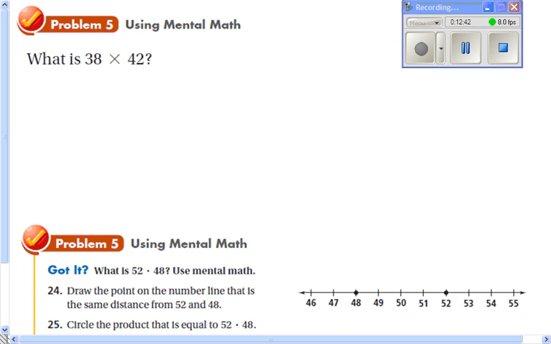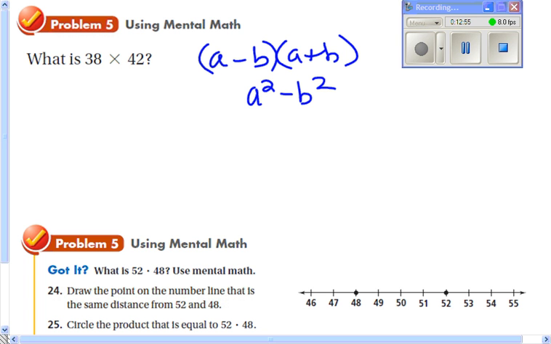All right, so we can use that idea if we have a minus b times a plus b to help us do some mental math. So remember, we get a squared minus b squared when we do that. Well, notice this is exactly 2 less than 40, and this is exactly 2 more than 40. So I can really write it like this.